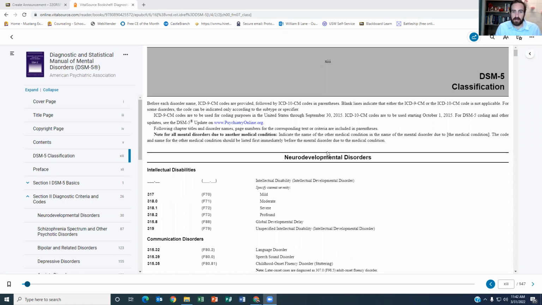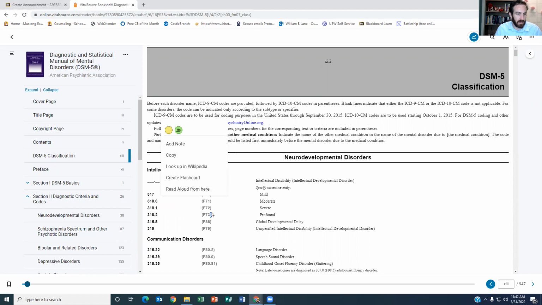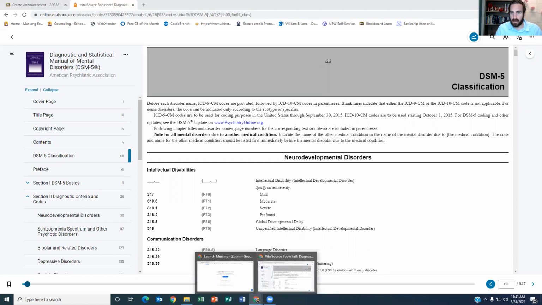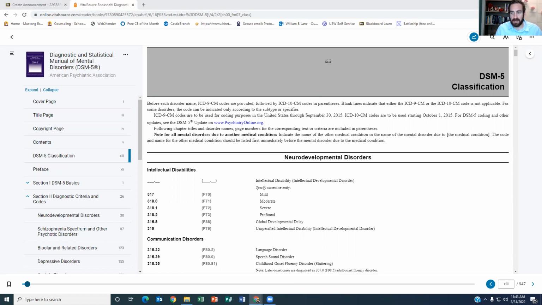So as you've noted, diagnoses have two codes. Usually there's the one in front and then there's one in parentheses. As you can see here, we have the first one and then the one in parentheses. So as the DSM-5 describes it, these two codes are the ICD-9-CM and the ICD-10-CM. And I've actually just recently become aware that there is an ICD-11 that has come out, I think just this year in February.